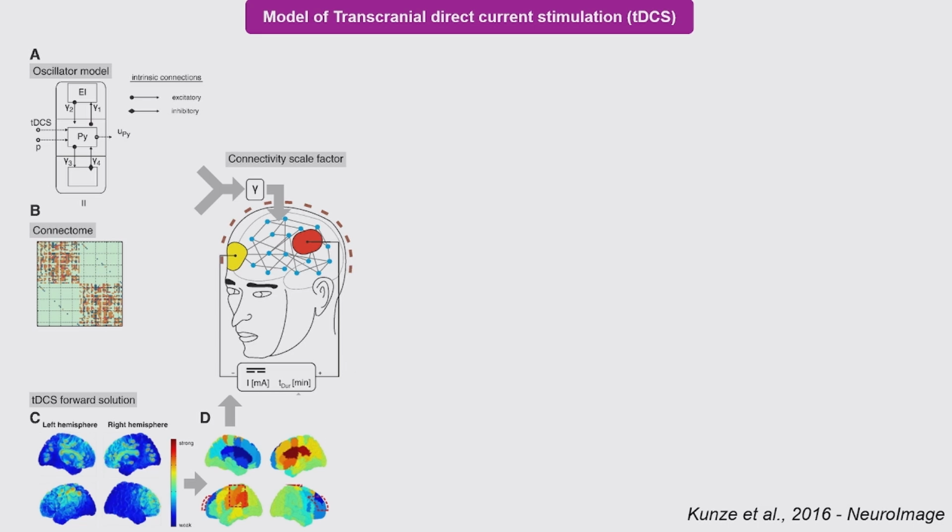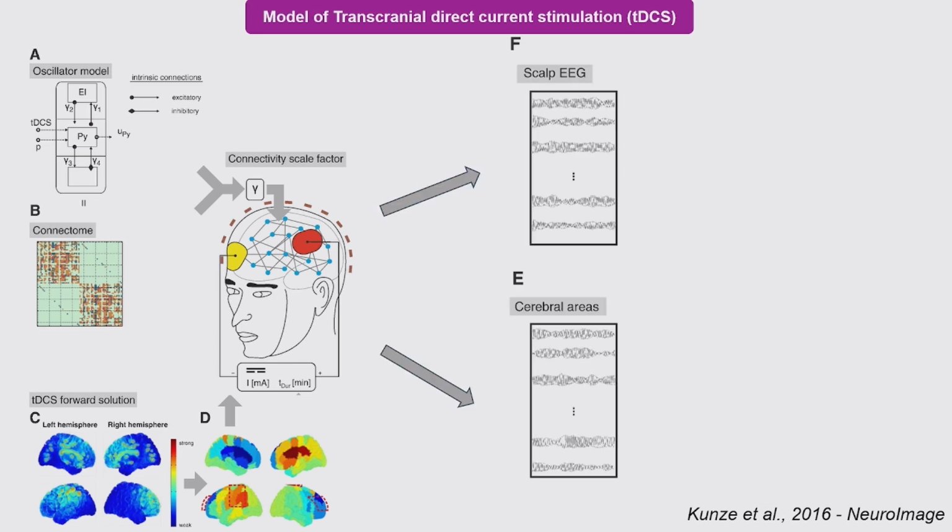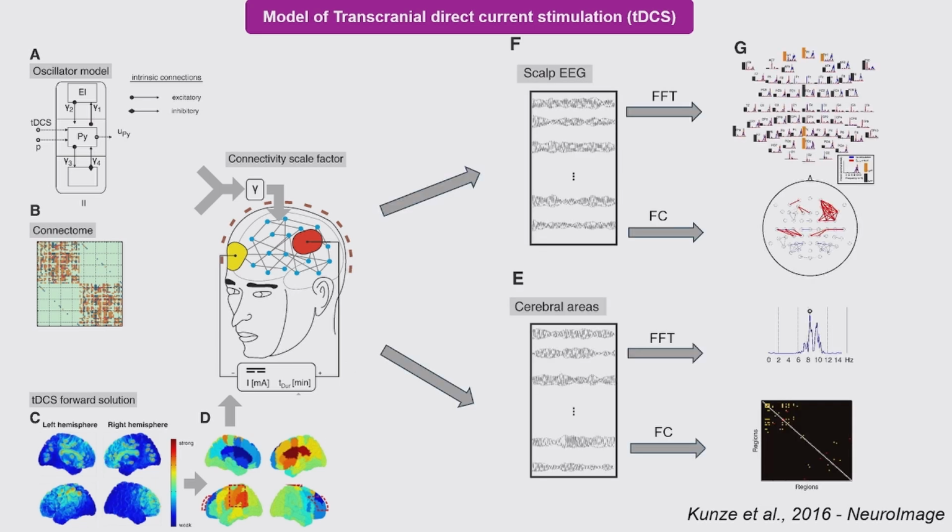So this is a cathode-anode montage. And then they simply analyzed the scalp EEG: they took the source parcellation time series and moved it back to the EEG space, exactly the same way that you did this morning during the hands-on session. They studied both the FFT and the functional connectivity for the scalp EEG and the cerebral area, so the sources.